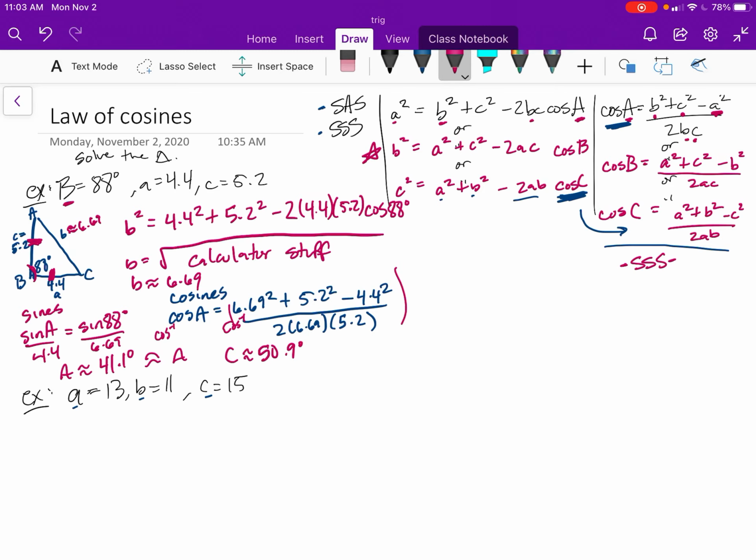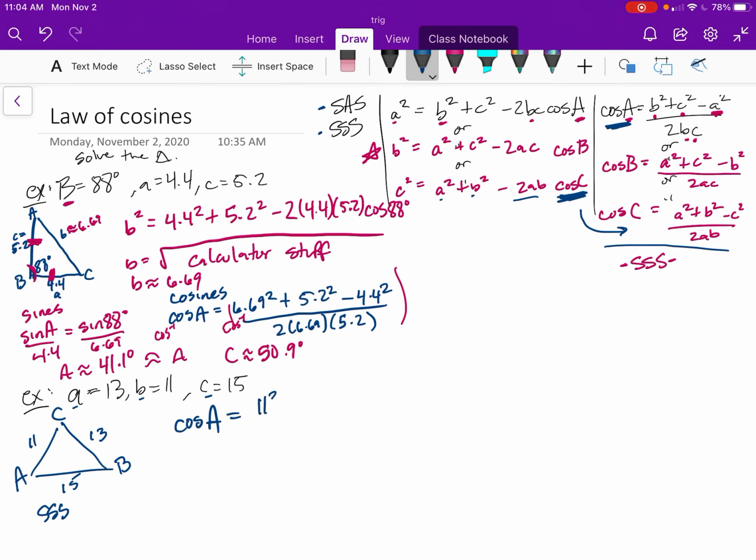Alrighty. Let's do this last one. Again, this one, probably the one you really don't need to draw a triangle at all. I have no idea what this one's going to look like, so we'll just say 11, 13, 15. So this is then capital A, this is then capital B, capital C. Okay, something like that. But again, I know it's side, side, side, right? That's what's given to us. So whichever angle you want first. We'll just do cosine A, although it doesn't matter.